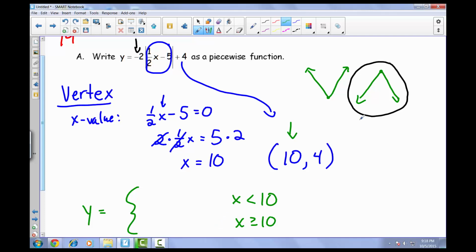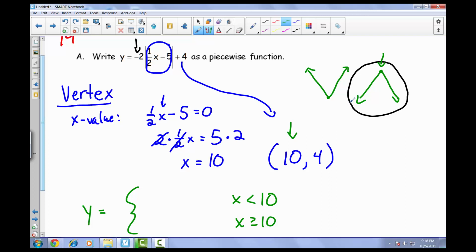Well, keep in mind, we do have a v going upside down like this. And as a result, for any x value that is less than 10, on the left side of that, we have a positive slope.